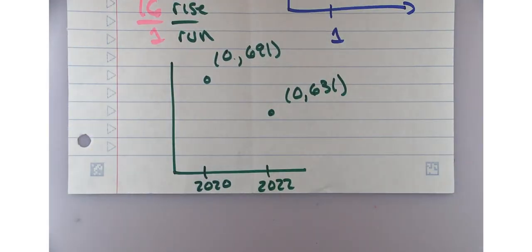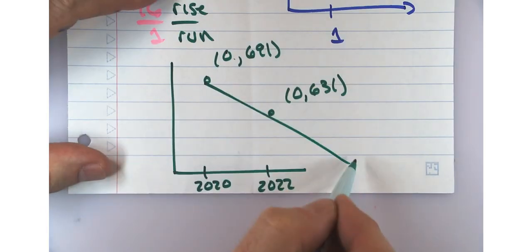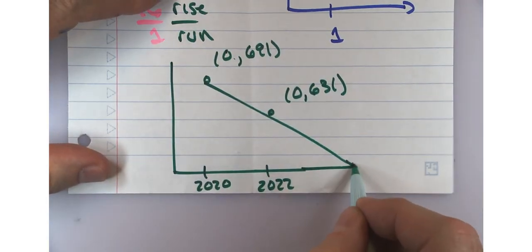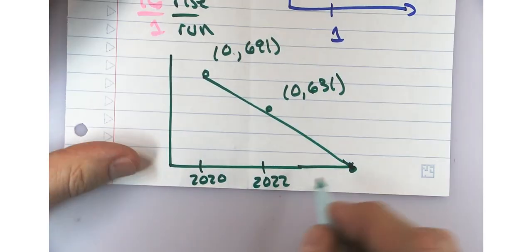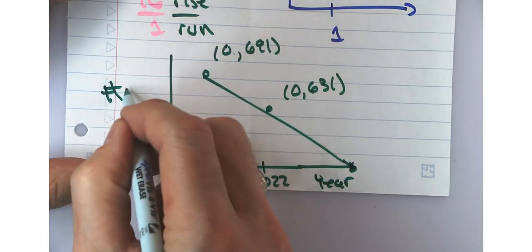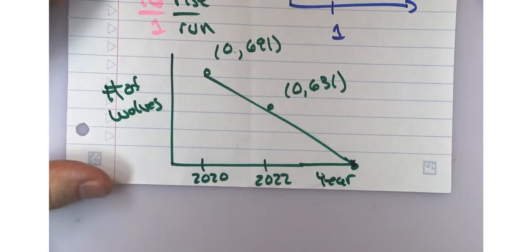So if you actually took the time to find the equation of the line here, then there's a nice interpretation for this point here. Keep in mind this is the year, and this is the number of wolves. So what would be the interpretation of that point then?